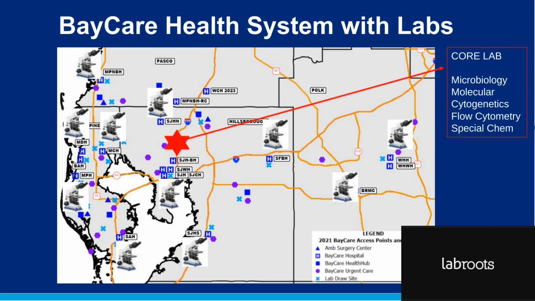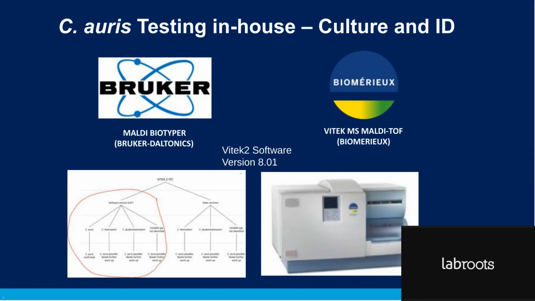I also want to mention here, before I forget, that the core microbiology laboratory is fortunate enough to have all three systems that can now accurately identify Candida auris from positive cultures from infections. We have both mass spec instruments as well as the VITEK 2 software version 8.01, which allows for the specific identification of C. auris.